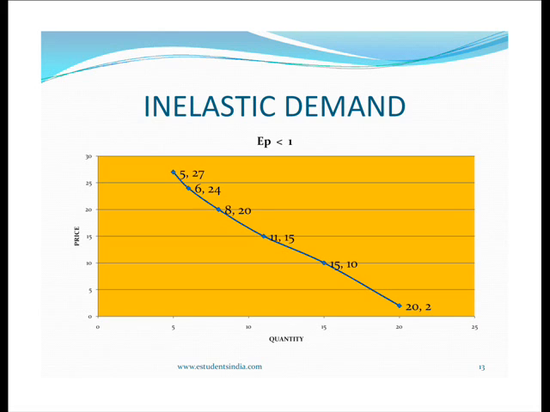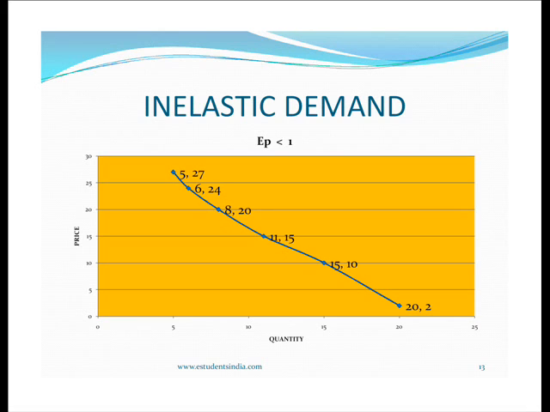A commodity will have inelastic demand when with a fall in its price, the total expenditure on it also falls. When the price falls from rupees 15 to rupees 10 to rupees 2, total expenditure falls from rupees 165 to rupees 150 to rupees 40.